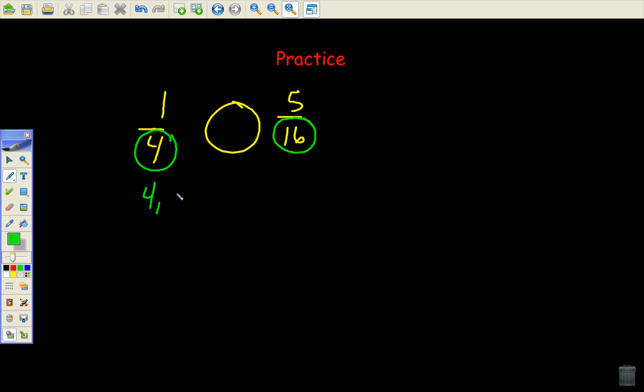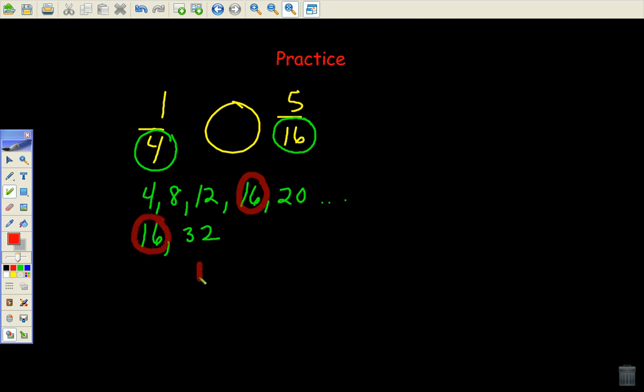So I have 4, 8, 12, 16, 20, and I could keep going. For 16, I have 16, 32, and I really don't have to go any farther because I already see there's a 16 in this set of multiples and there's a 16 in this set of multiples. So my LCM is 16, which magically, ta-da, turns into my LCD.